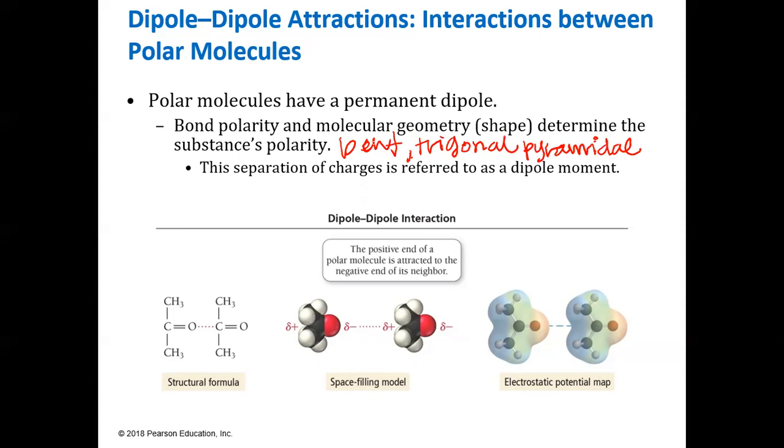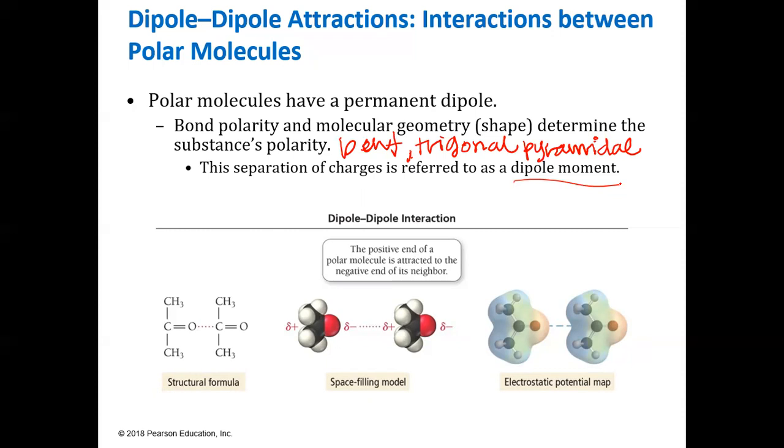Remember, bond polarity and the molecular geometry determine the polarity. So the separation of charge is referred to as a dipole moment. A lot of times you're going to have to kind of sketch this out in your head to know that it's a polar molecule. All polar molecules have a dipole-dipole attraction, which is stronger than a dispersion attraction.